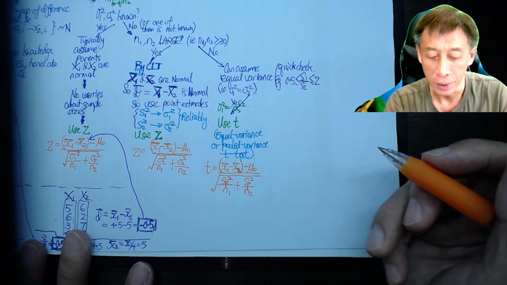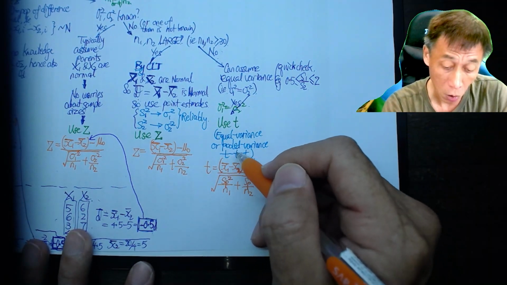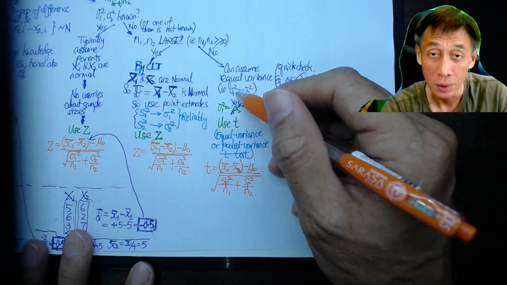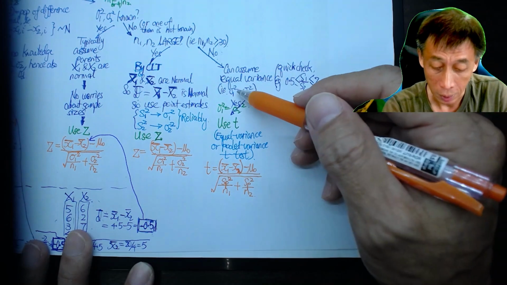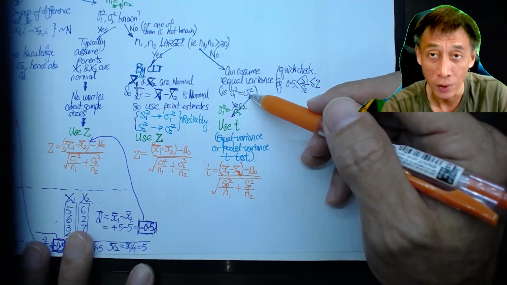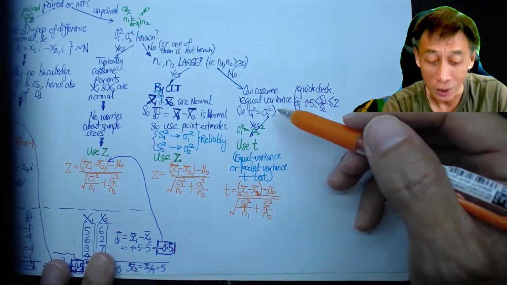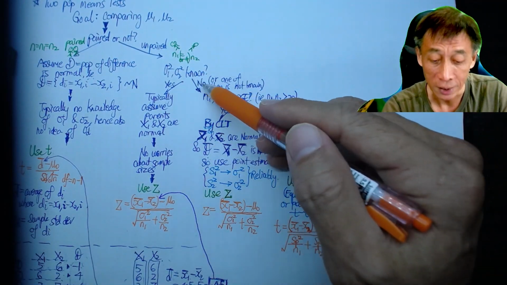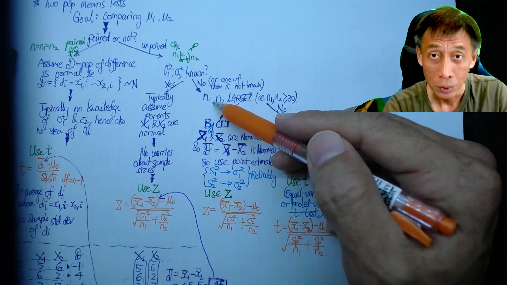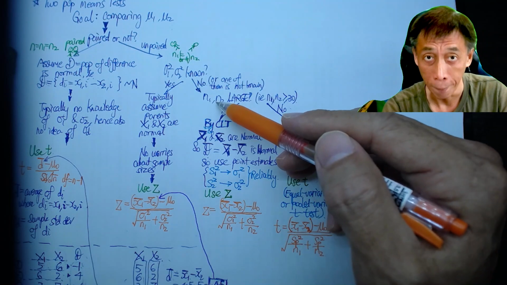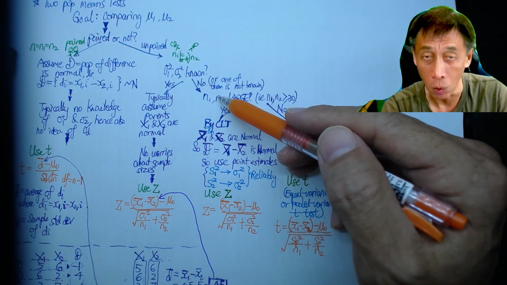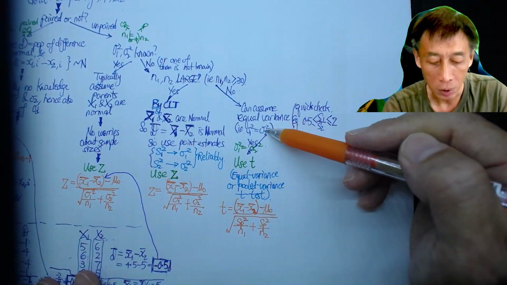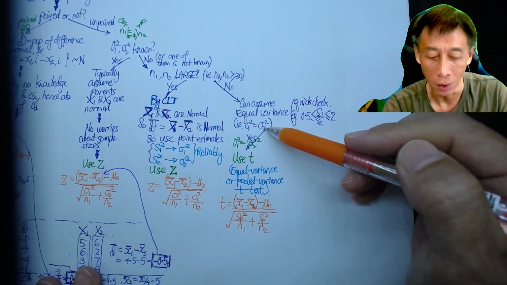The pooled variance is pooled because we assume that the parents x1 and x2 have the same variance. And we can assume because both variances are unknown. We don't know them, or we cannot know them, or it's very expensive to know them. So is it possible to assume that they are equal?